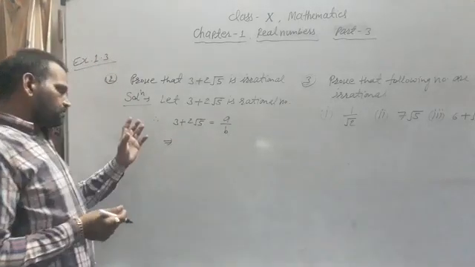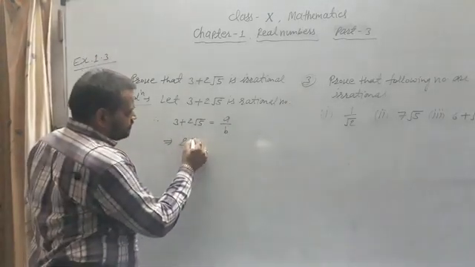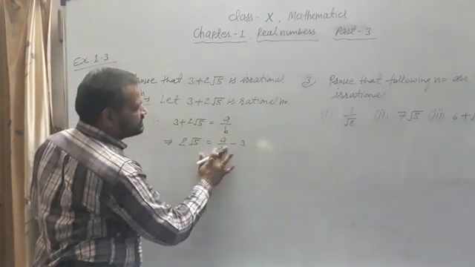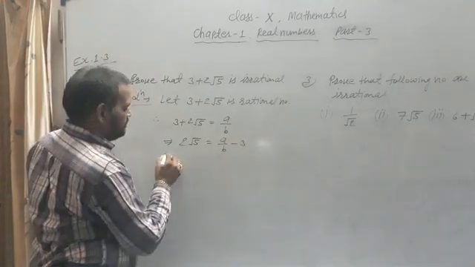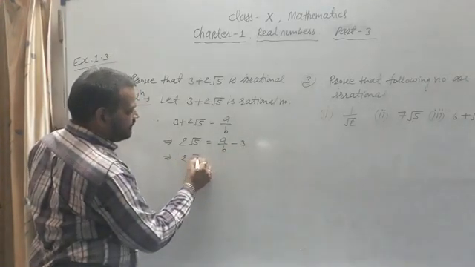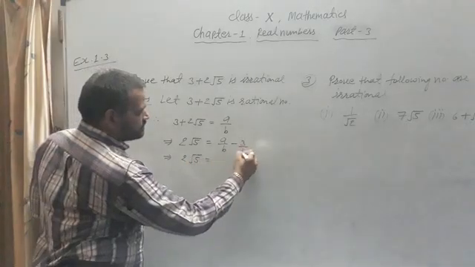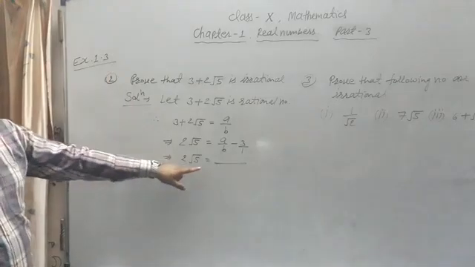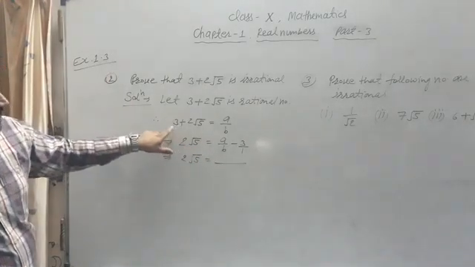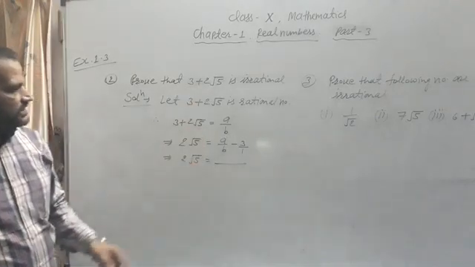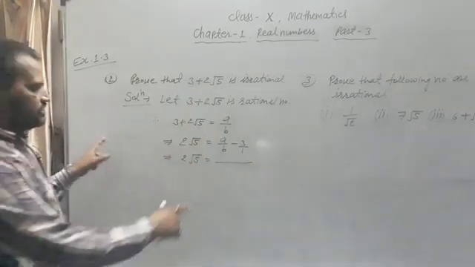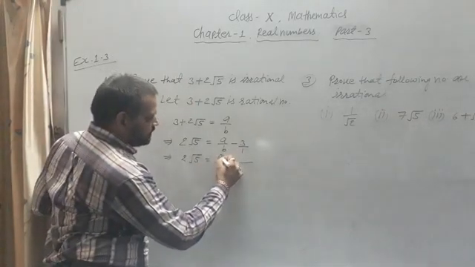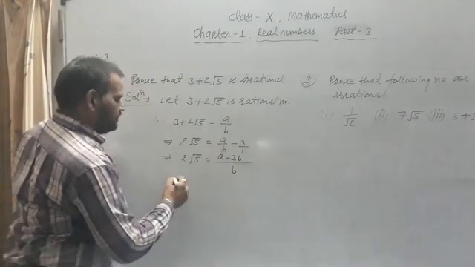Now 2 root 5 equals a upon b minus 3. By shifting from LHS to RHS, a upon b minus 3 upon 1, the LCM is b, so a minus 3b.